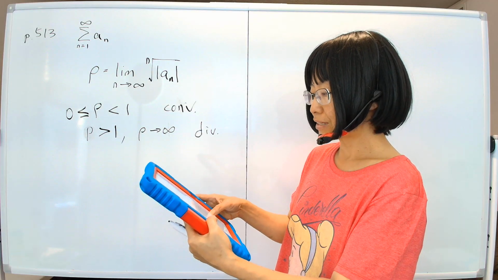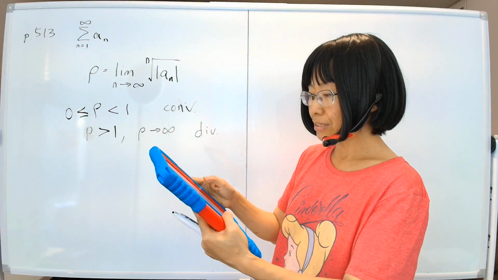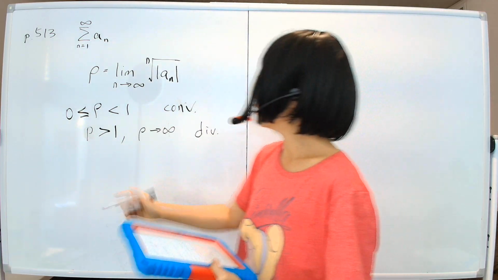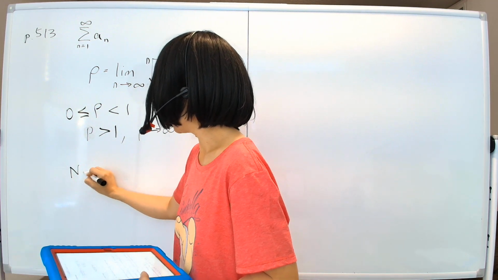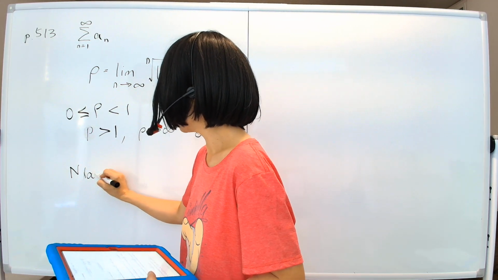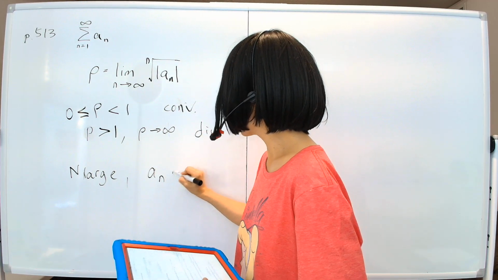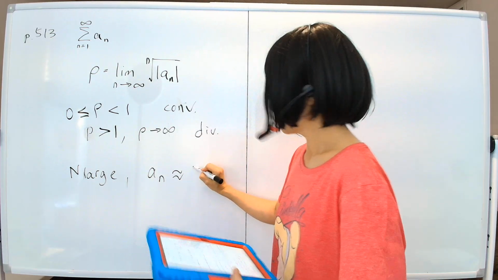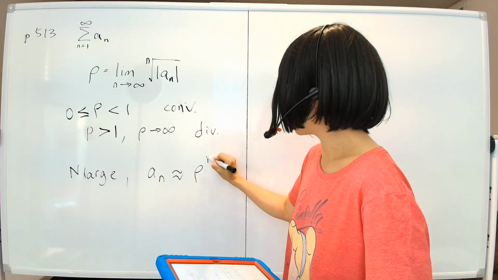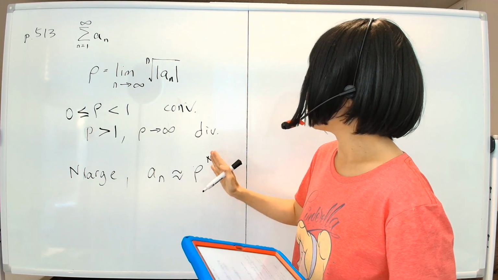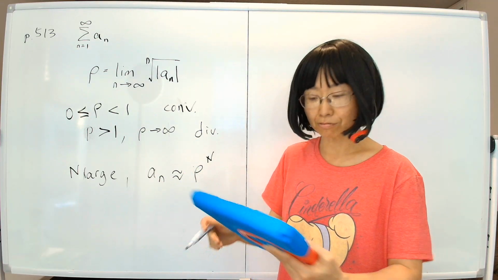What happens is that if this is true, let's say the limit equals rho, that means if you have a big enough n, a giant n like a billion, then |a_n| is almost identical to rho to the power n, because when they're very, very big, they're almost equal, so you can shift the power to rho.